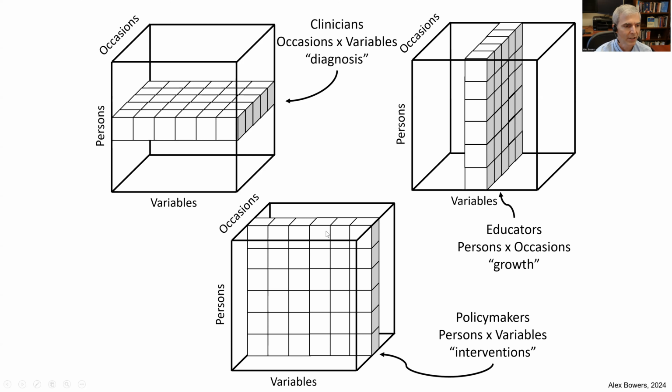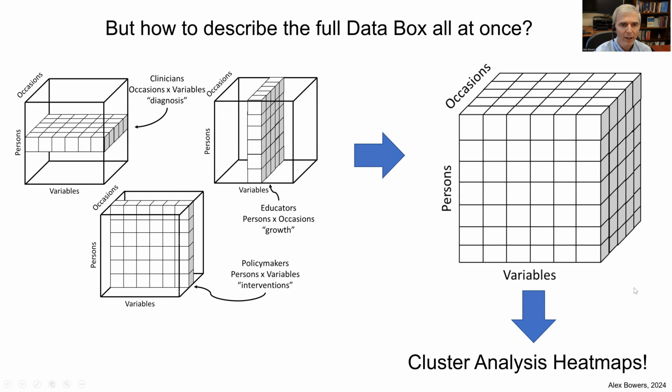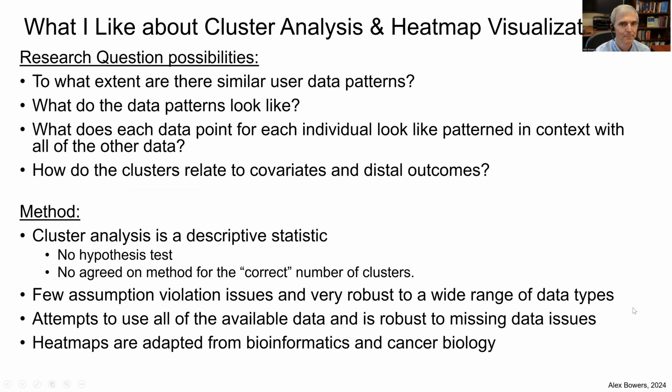So all the occasions are the same, but we have multiple people over multiple variables. So this would be cross-sectional data or panel data. And policymakers like to look at interventions. Well, what if we want to take the entire data box at one time? Let's use cluster analysis heat maps, and we can see what that looks like all at once.